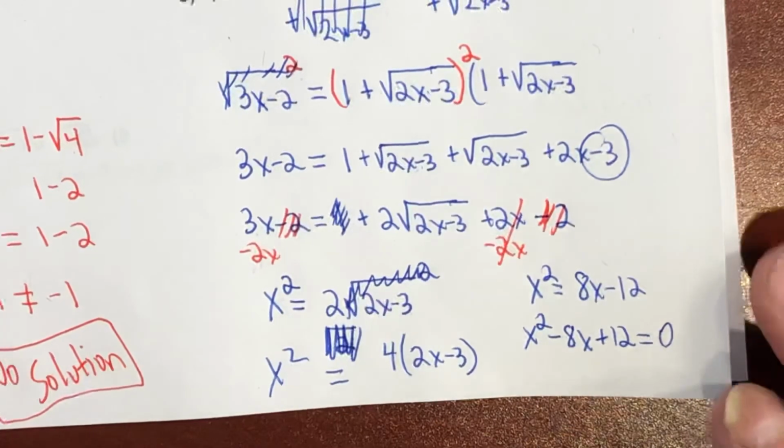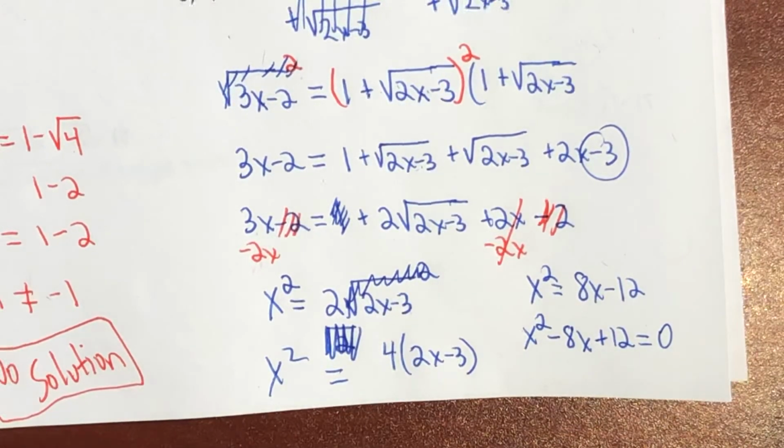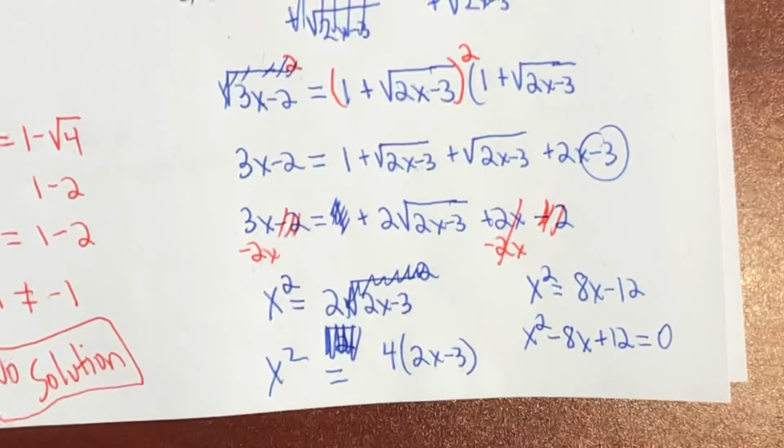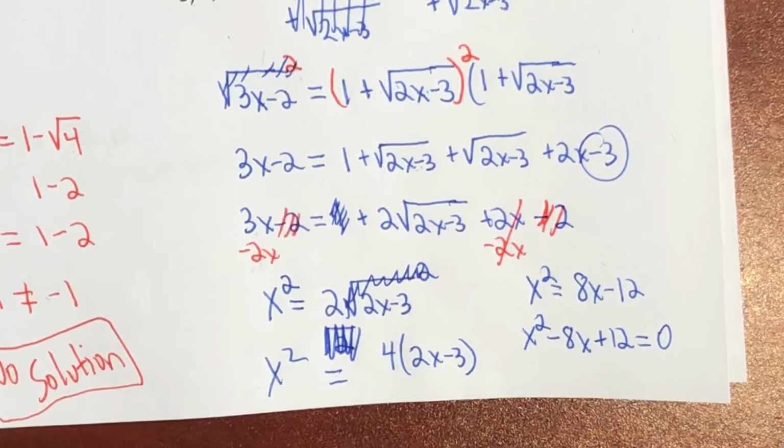And if I factor it, I don't really have a whole lot of room here. Let's see if I can find a blank piece of paper. How about a Post-it note?